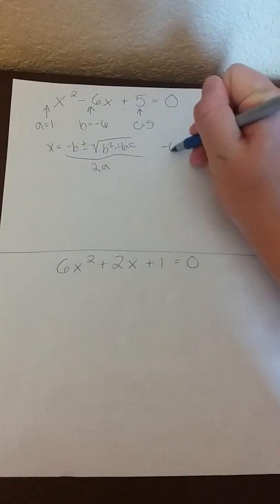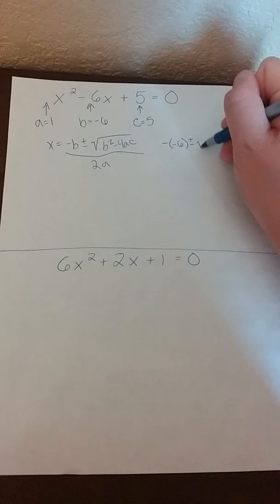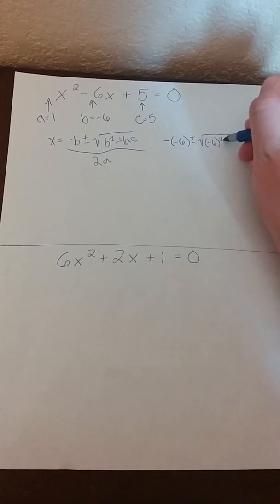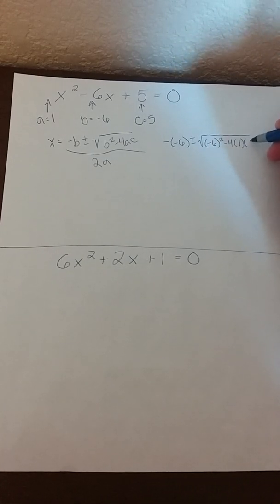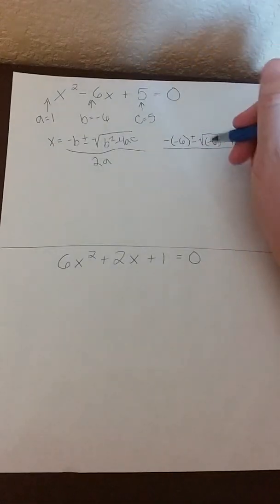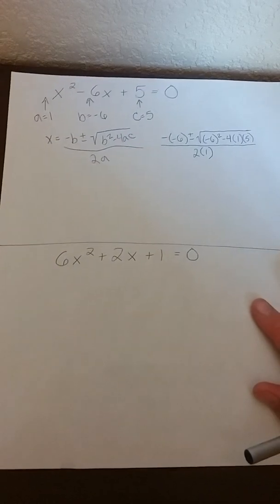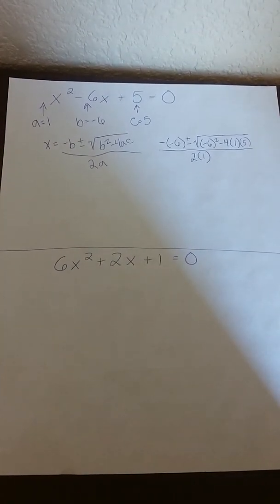So this is going to be negative 6 plus or minus the square root of negative 6 squared minus 4 times 1 times 5, all over 2 times 1. I'm just plugging a, b, and c where a, b, and c are in the formula.